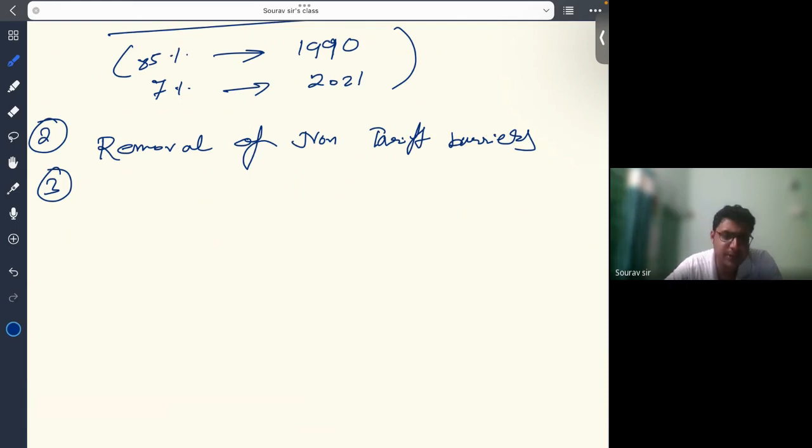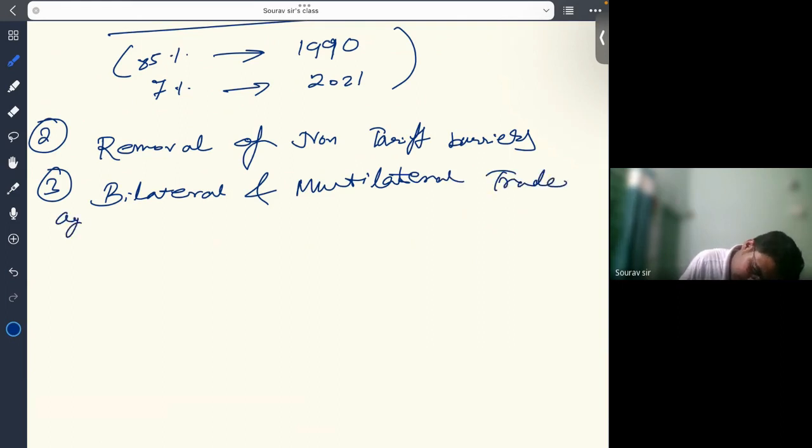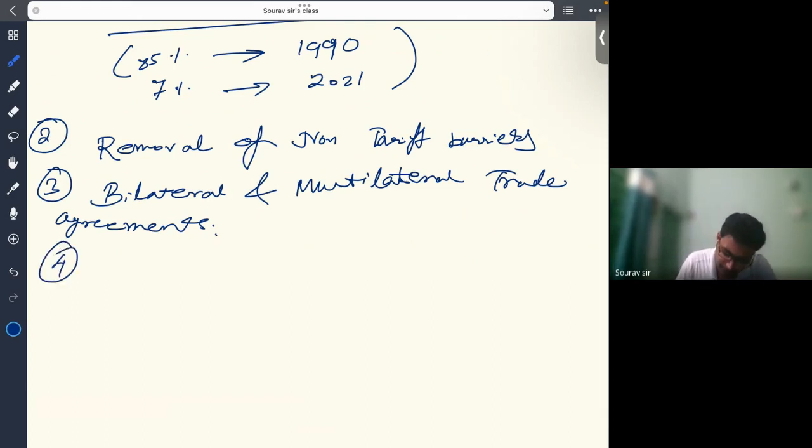And another point was that since the liberalization, bilateral and multilateral trade agreements. India has entered into several bilateral and multilateral trade agreements, including the World Trade Organization, to promote trade and investment. And after liberalization, SEZs became very significant.